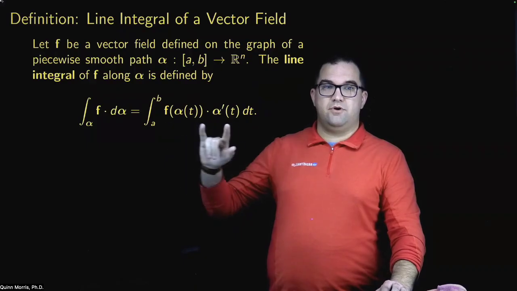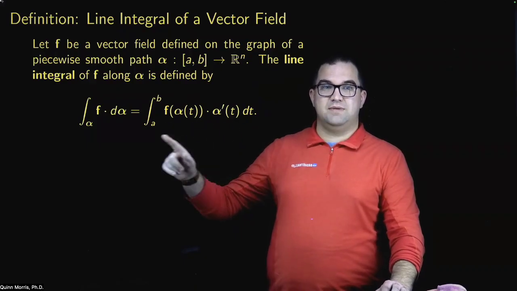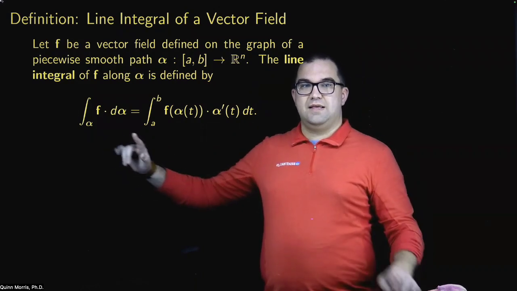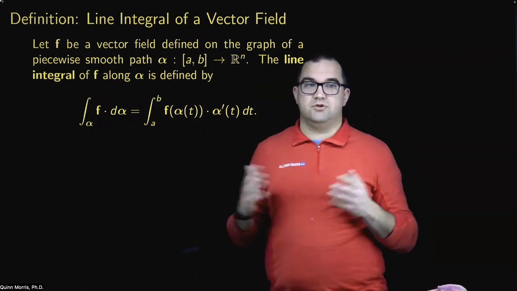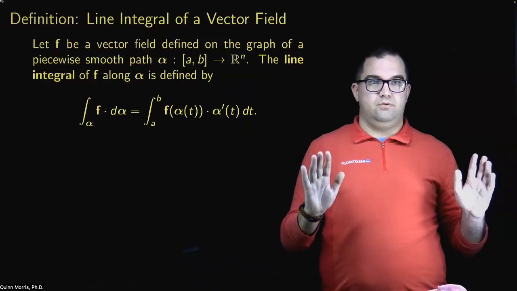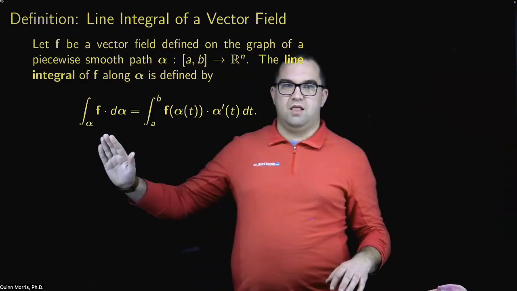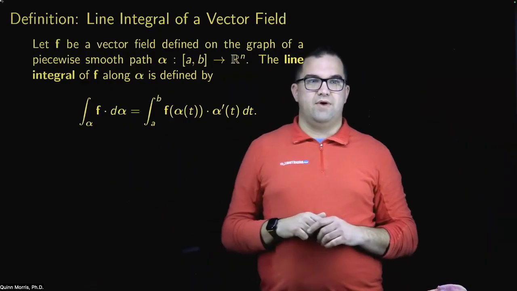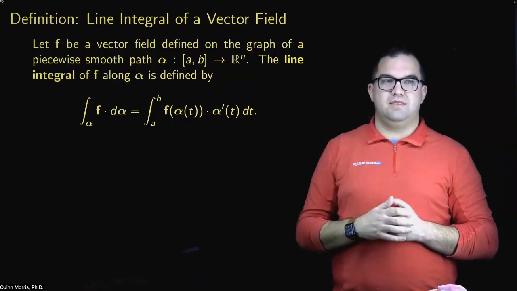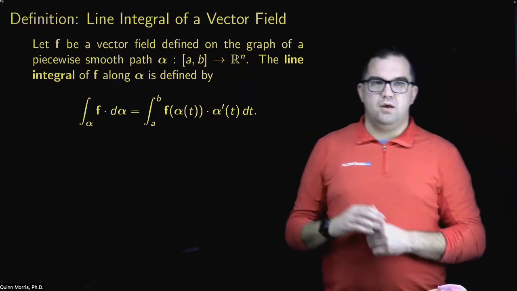So this is a vector in Rn, inner product with a vector in Rn. That gives me a scalar function. And so I'm defining this line integral to be the integral of some scalar function. The right-hand side is just a normal integral, and we're defining the line integral in terms of this regular integral that depends on both the vector field and the path alpha. But why?